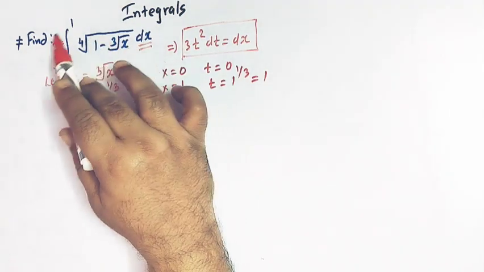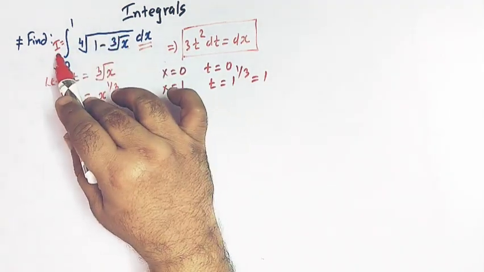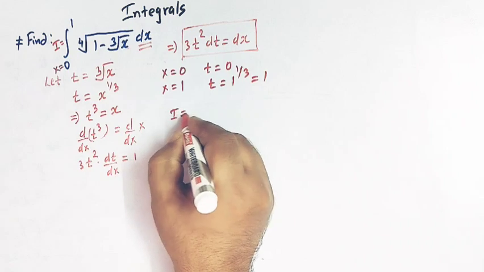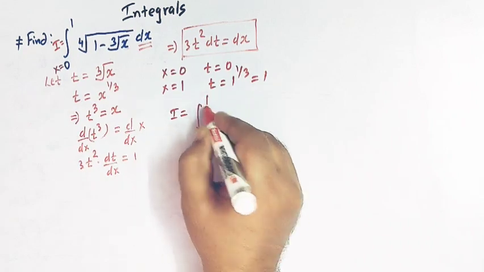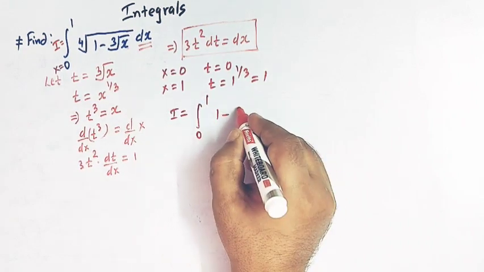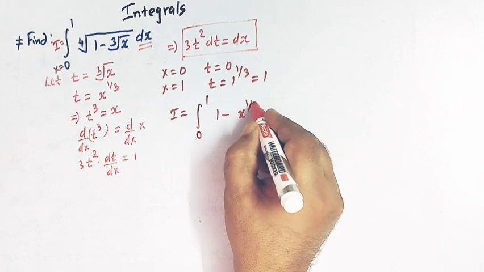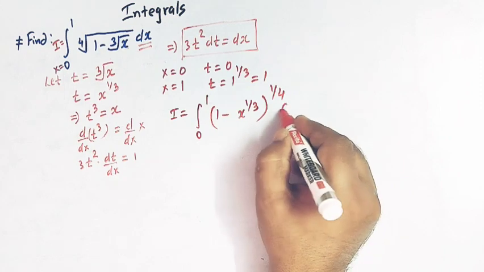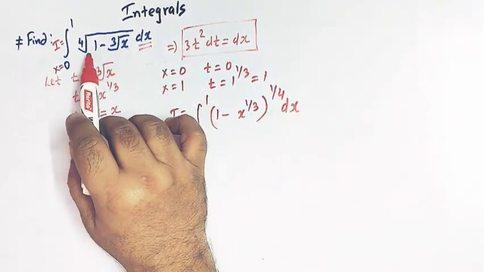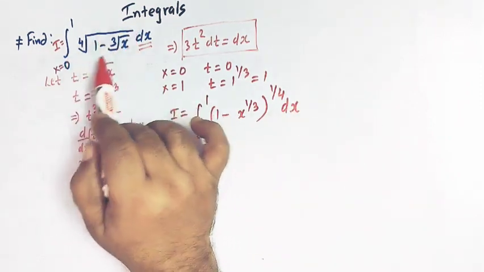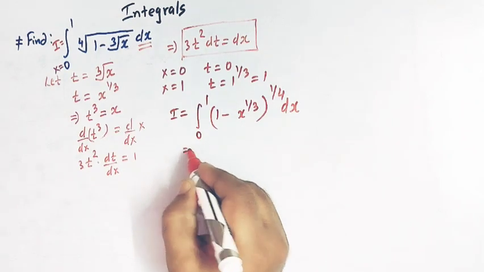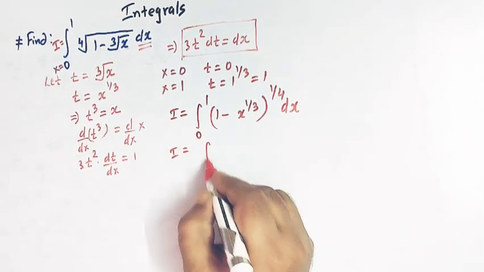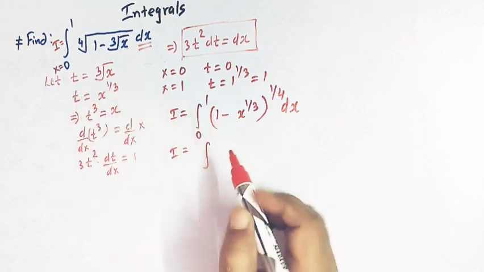Now we can rewrite this integral I as I equal to integral from 0 to 1 of 1 minus x raised to 1 over 3, the whole raised to 1 over 4, dx. We can now convert this integral in terms of the variable t.